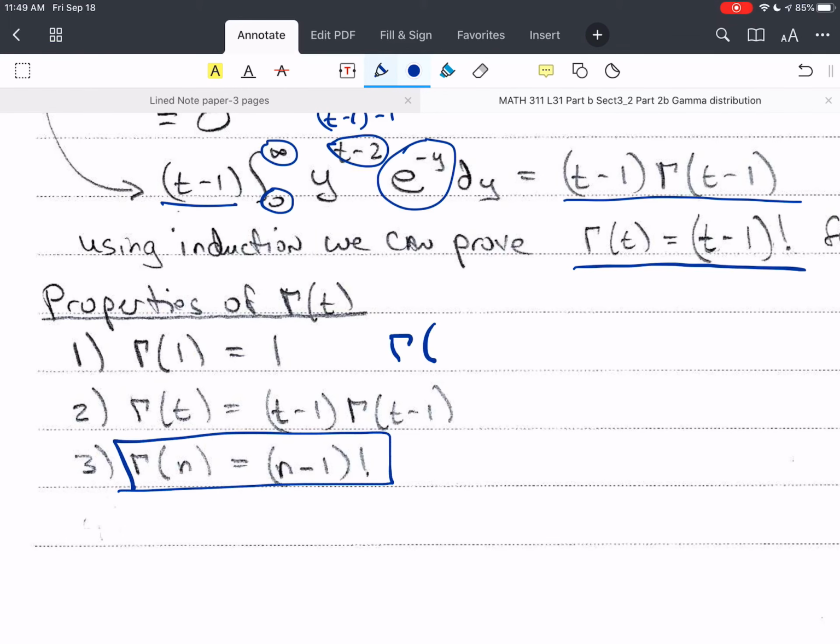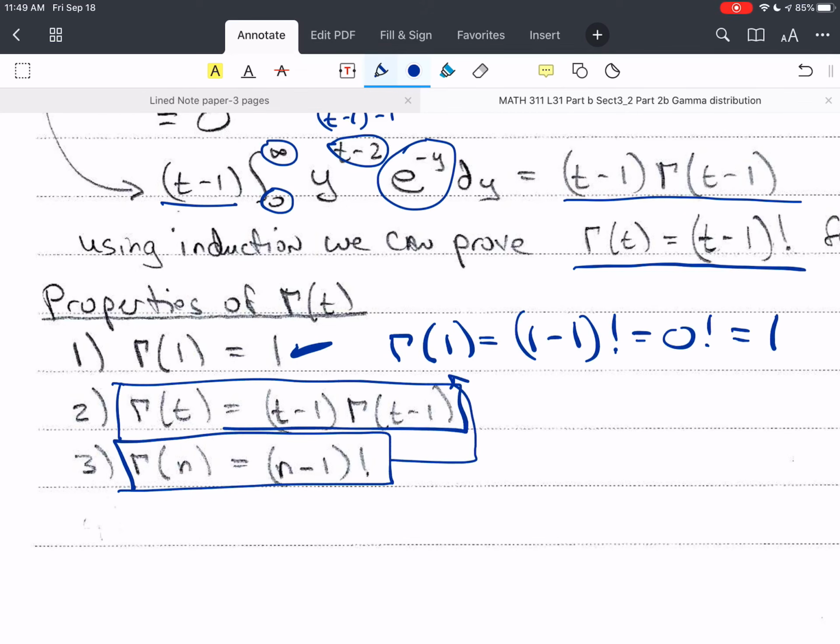And so I'm going to use this to show that gamma of 1 equals 1 minus 1 factorial, which is 0 factorial, which is 1. And then we did show this one. So I first did this to prove this is what we would have proved. I didn't prove it. And then we used that to prove this.